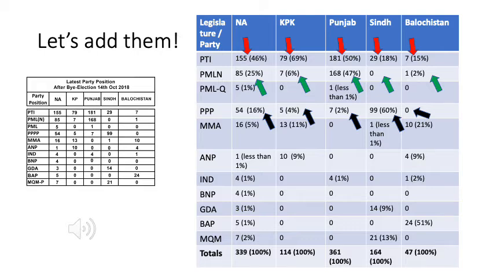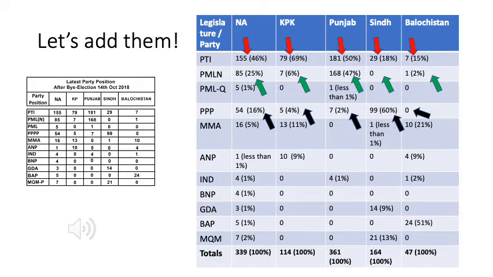Let's move to the People's Party. The People's Party gets 60%, over half of the seats in the Sindh, but gets 0 in Baluchistan, and 16% in the National Assembly, 2% in the Punjab. Again, we can see that there is a clear variation.